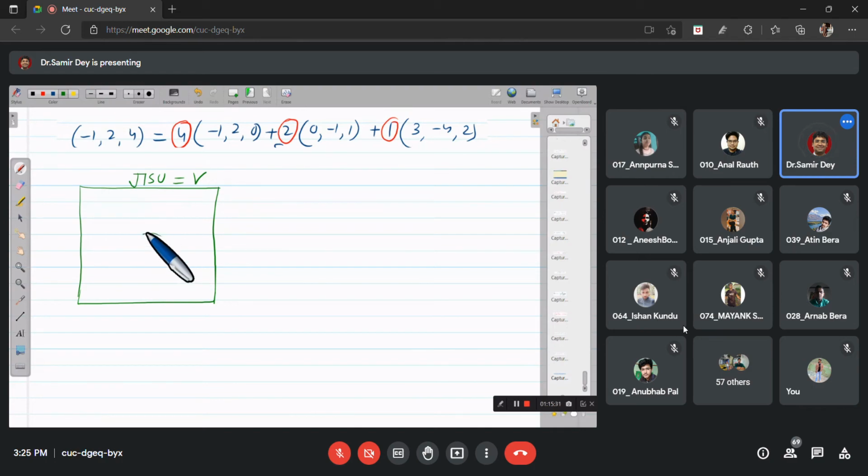So here you have a CSC department with some vectors: -1, 2, 0, 0, -1, 1. Another is 3, -4, 0, 2. Is it clear or not? This is your CSC department.